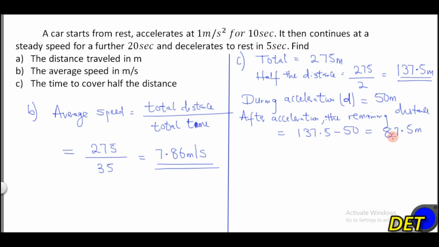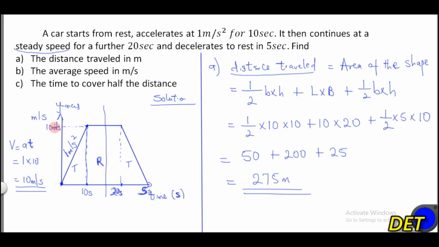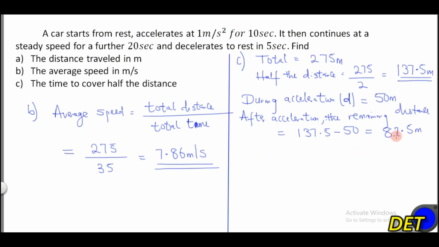So what time is required to cover this distance? From what we have here, our velocity is 10 meters per second, right? And our distance is 87.5. We know that velocity is equal to distance over time.